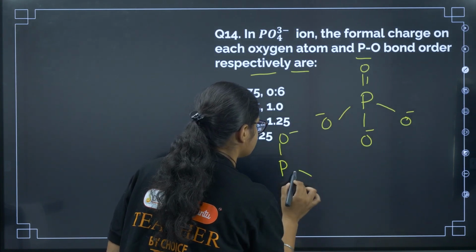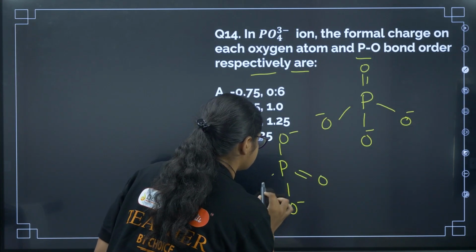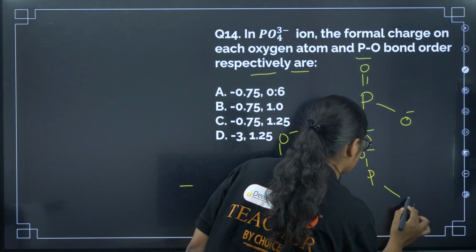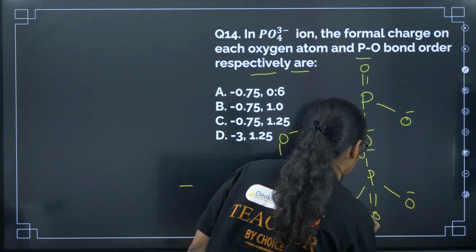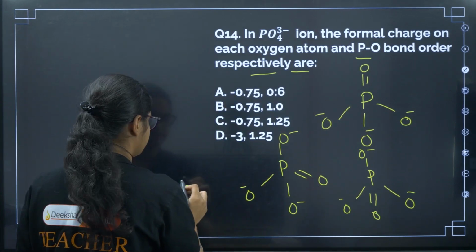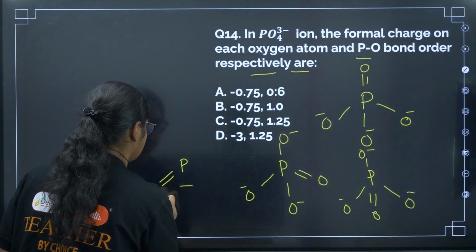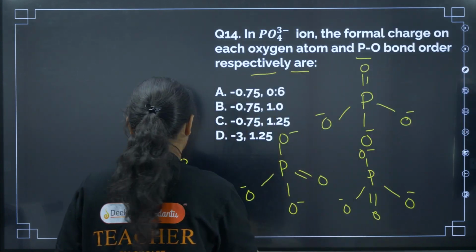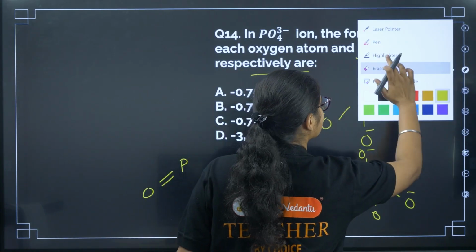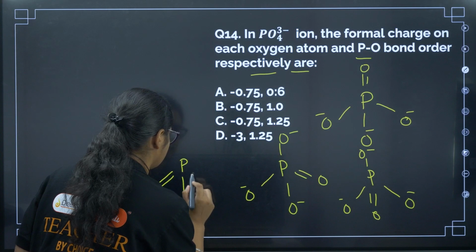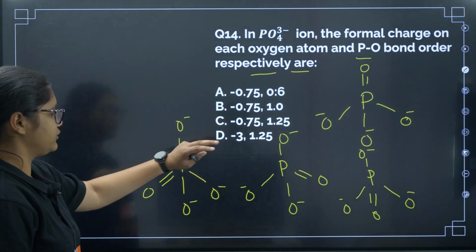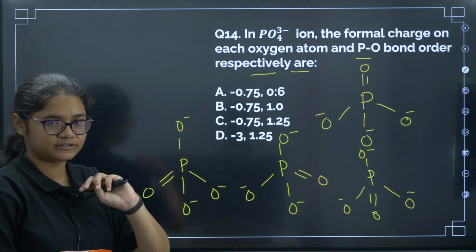I can draw one more structure like this just due to resonance, and one more like this, and one more on this side, that is P double bond O here, and we have O minus here, O minus here, and O minus here, right? So now if you see, there are total 5 bonds and 4 structures, right?